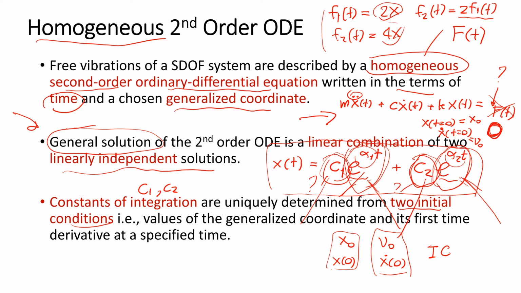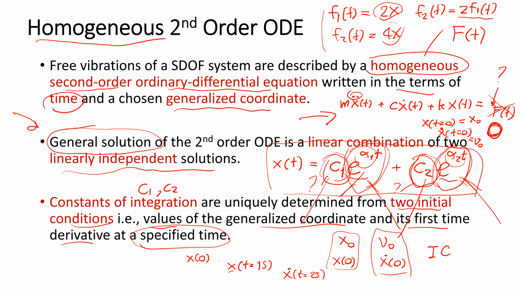C1 and C2. Initial conditions are the value of the generalized coordinate and its first time derivative at a specified time. It doesn't need to be x0. It can be x when time equals 1 second, and maybe x dot when time equals 2 seconds.